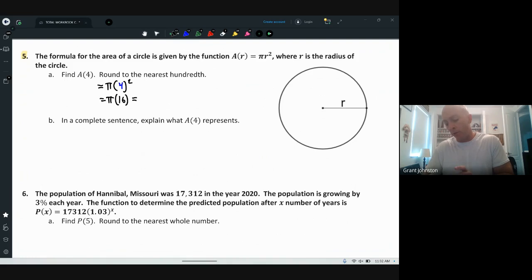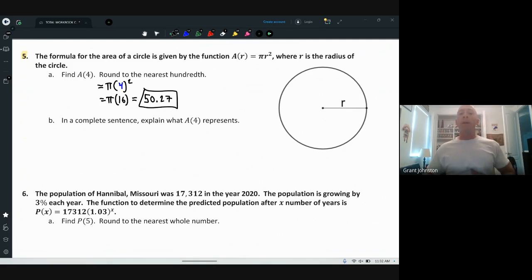I'm just going to use the pi button on the calculator to get as close to an exact answer as we can. So 16 times pi, and it says round to the nearest 100th. So I'm going to say 50.27.